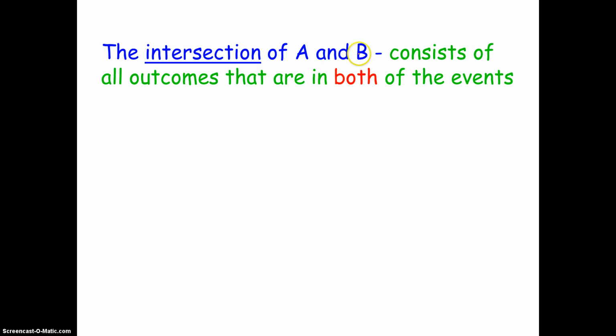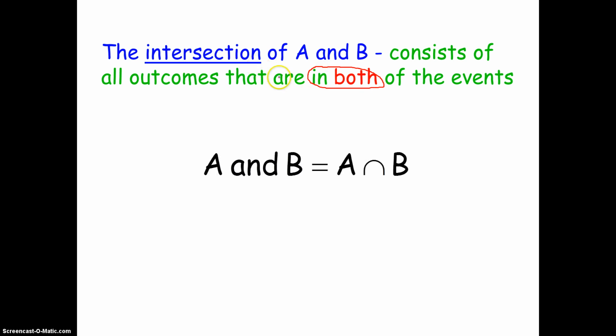The intersection of A and B consists of all the outcomes that are in both of these events. Now here's the key. Intersection, in both. I can't stress that enough. When you see this symbol right here, you're going to need to look at the place where they intersect, or where they both have something in common. And this symbol kind of looks like the letter N, right? So we can think the N is for intersection.